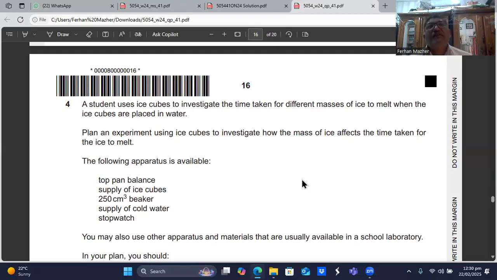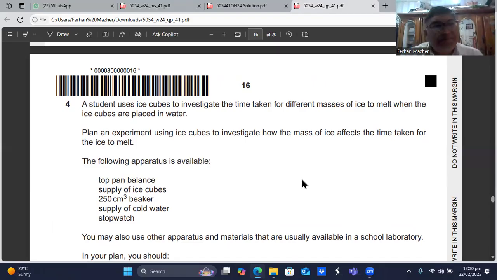We are going to put them in water, which is in a beaker. Let's say we put 2 ice cubes, and we note down how much time it takes for the ice cubes to melt completely. Then in my next experiment, I will, let's say, use 4 ice cubes, and I will note down how much time is taken to melt those 4 ice cubes completely.